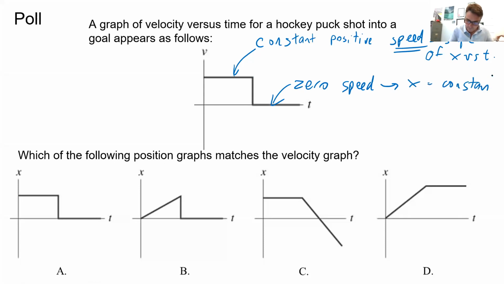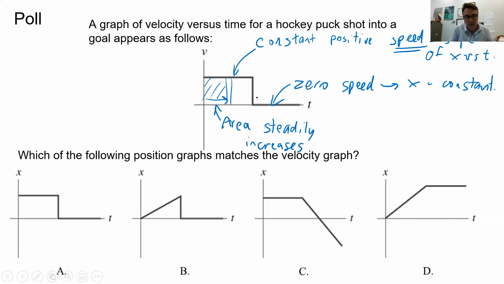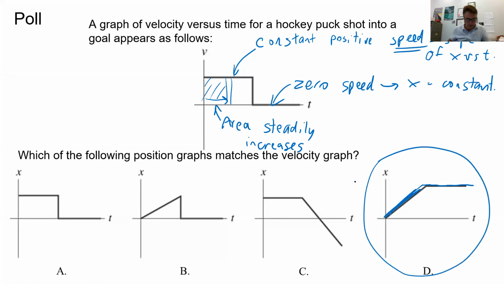That's the physical interpretation. Another way is that as you increase time, the area under the graph steadily increases until you get to zero velocity, and then the area as you keep going doesn't change. So in both cases, you have constant slope for a while, and then the thing just sits there at rest. So D was the one that I liked.